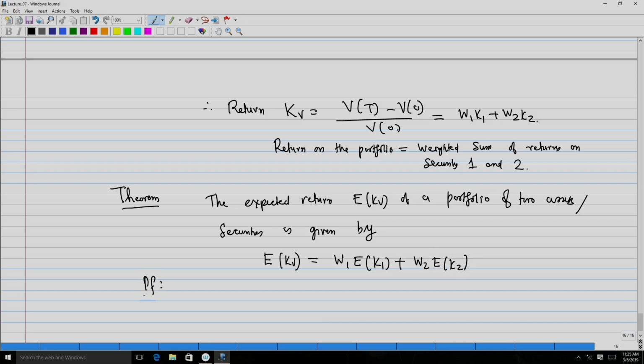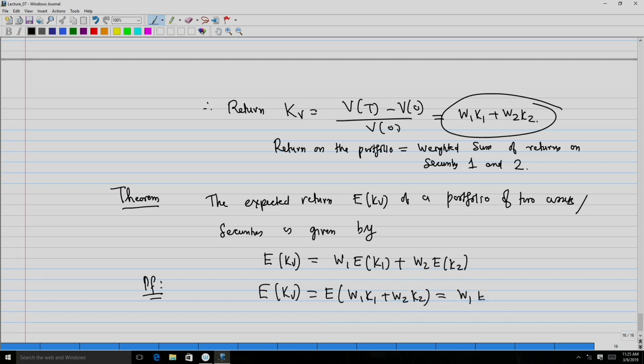So, the proof is obvious. E of KV, I replace this KV with this expression for KV. So, this is going to be E of W1 K1 plus W2 K2, and this is going to be W1 E K1 plus W2 E K2 using linearity of expectation.